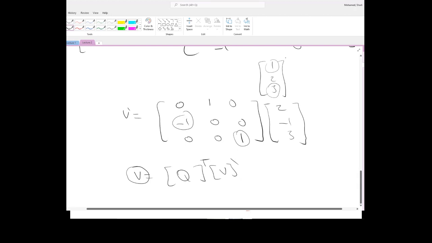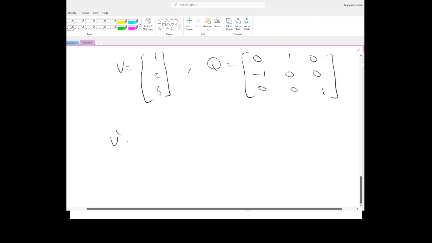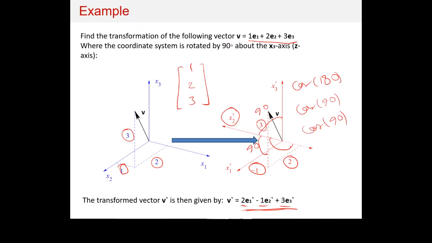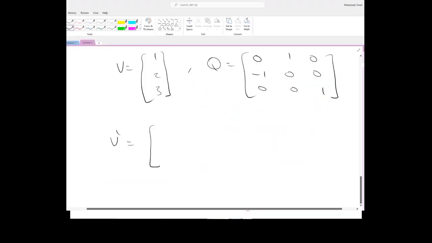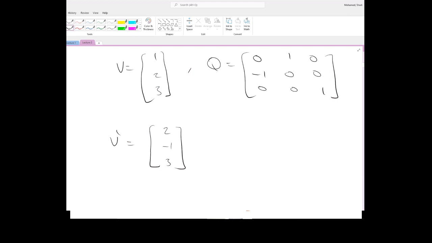The transformation backwards should give you the original vector, which is the one you started with, 1, 2, 3. So if you can, I want you to get V through the multiplication of Q transpose by V dash.